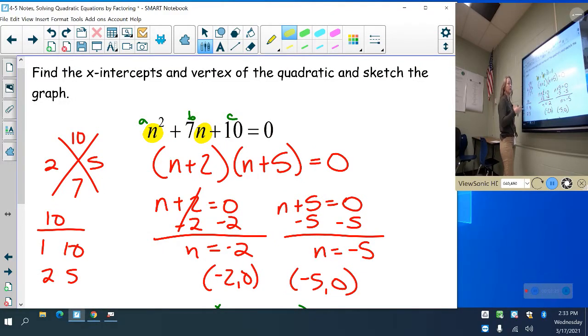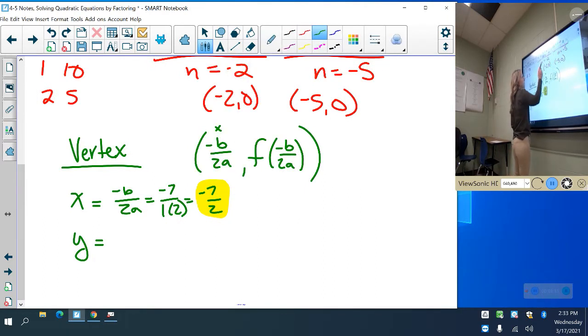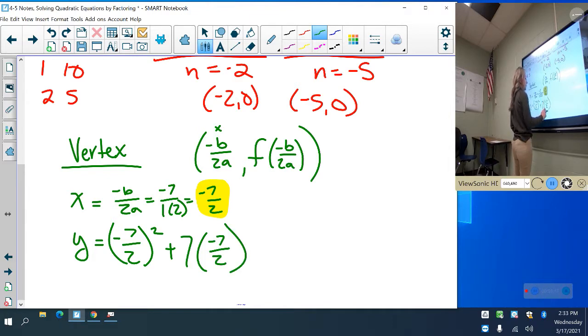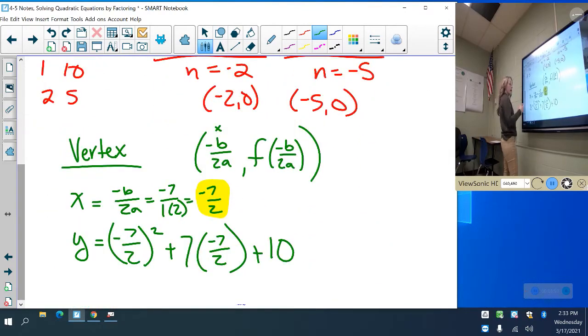I'm going to replace the variable with my solution to find my y value. So now I'm going to put in negative 7 over 2 squared, plus 7 times negative 7 over 2, plus 10, I believe. Make sure that's right. Yes. Okay, so now I would simplify that.